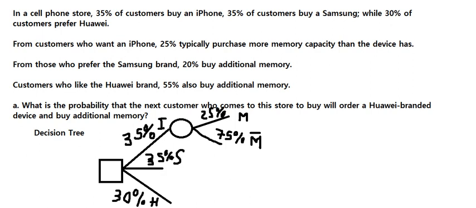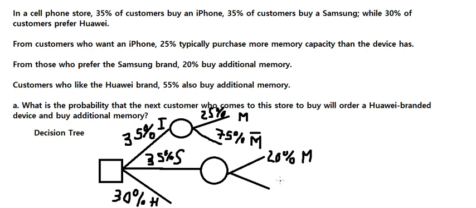Similar for Samsung. For Samsung in here, we will have the square and circle, and that should be 20% for additional memory. That means 1 minus 20%, we have 80%, that is non-additional.